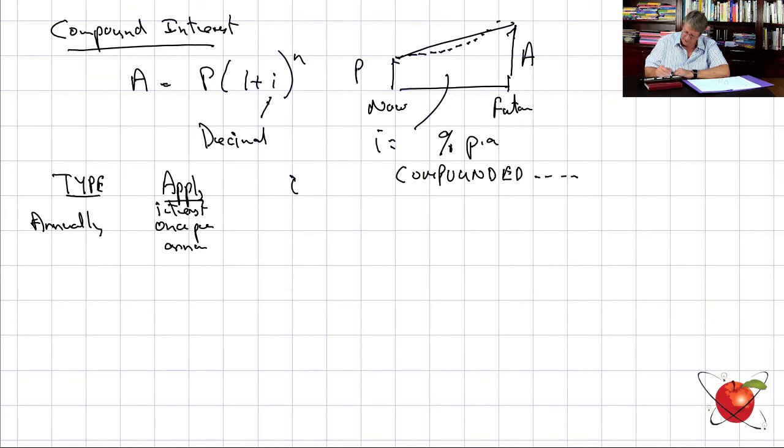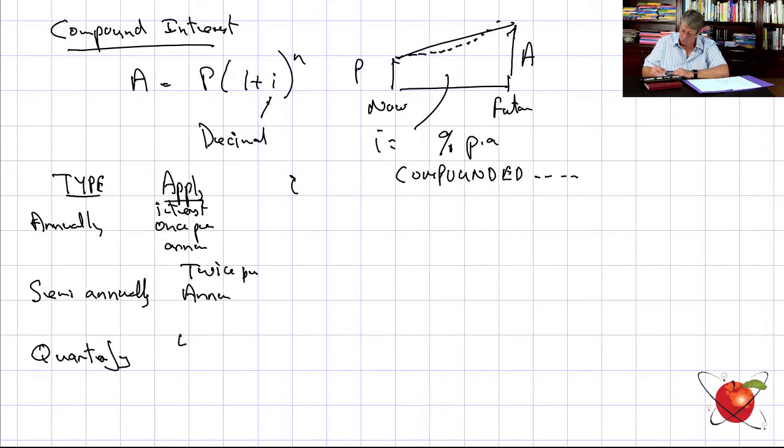What if I do it semi-annually? Semi-annually, as it says, twice per annum. Then we have quarterly. Quarterly is 4 times per annum.